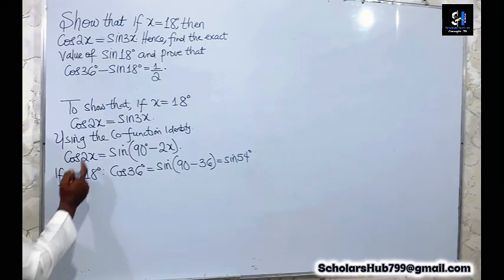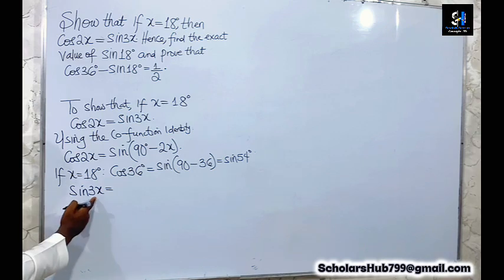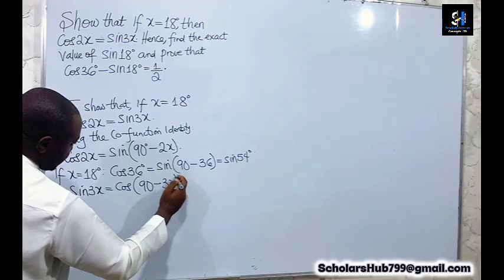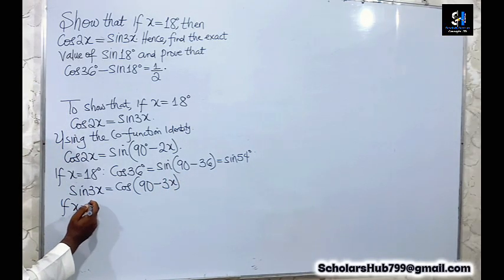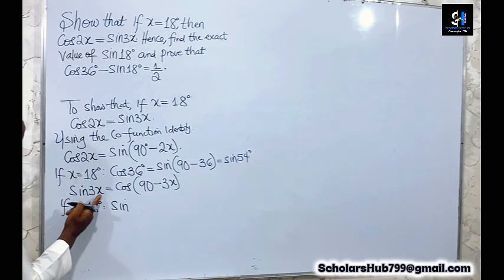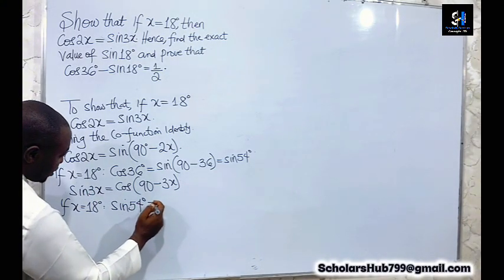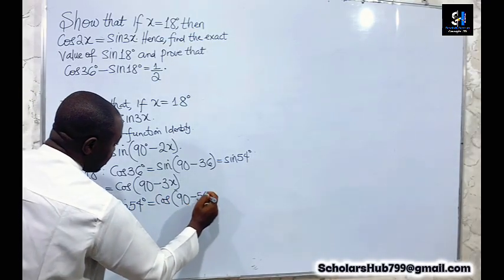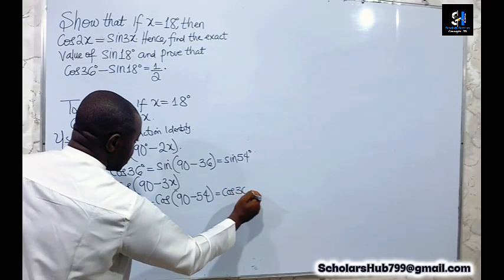Okay, then also for the right hand side we have sine 3x. For sine 3x, this will be cos of 90 minus 3x. Now if x is equal to 18 degrees, then we're going to have 18 times 3, that's 54. So we're going to have sine 54 degrees equal to cos of 90 minus 54, which is cos 36 degrees.